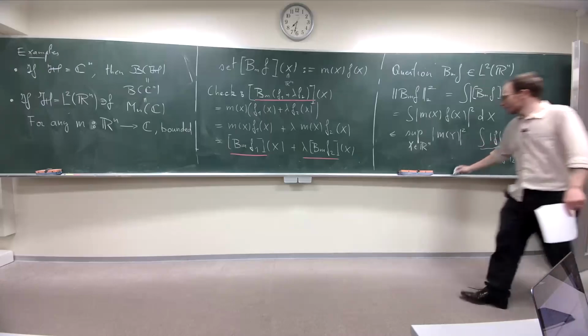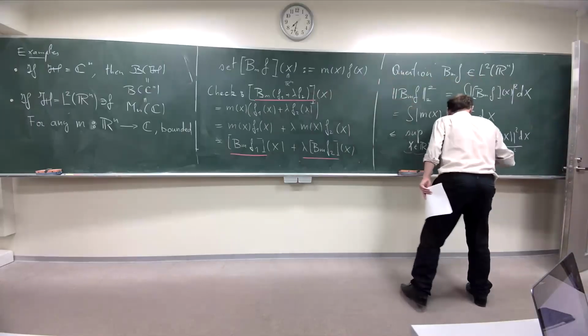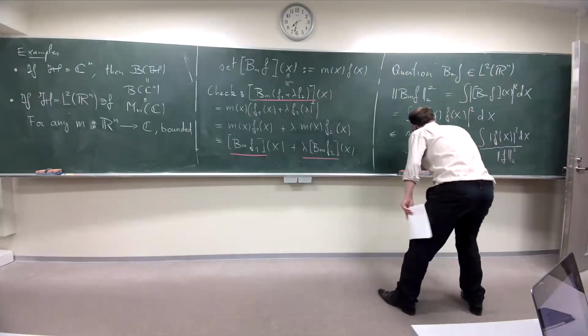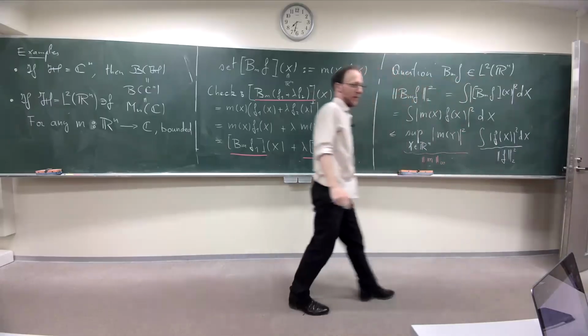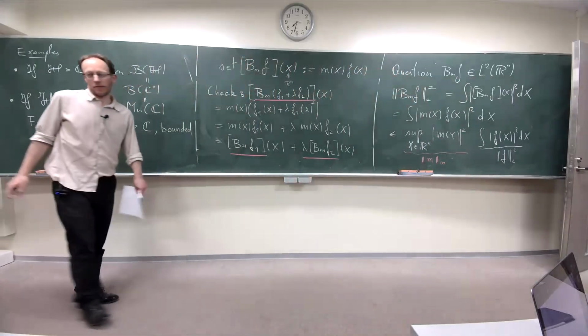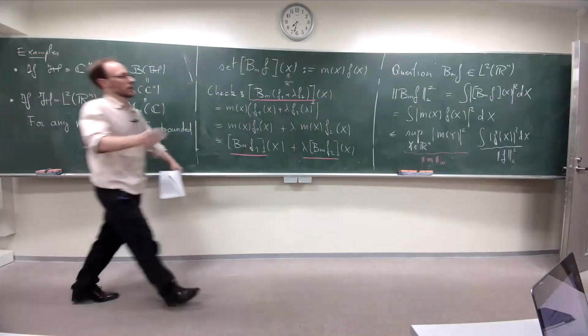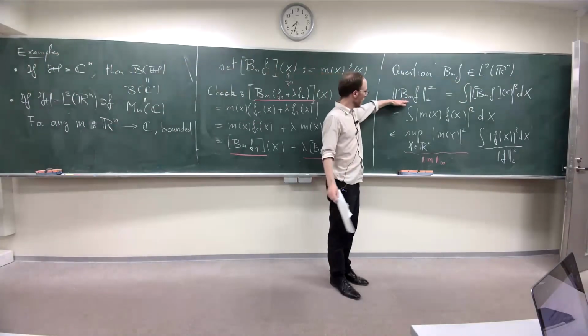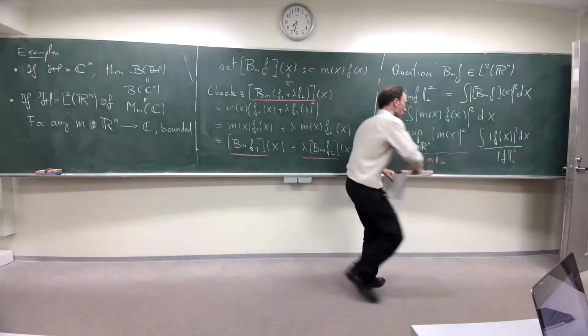And this number is finite. In fact, I already gave a name to this. This is the norm of m infinity. So we get the L2 norm of B_M on f is squared.